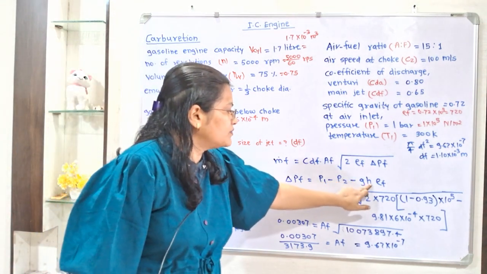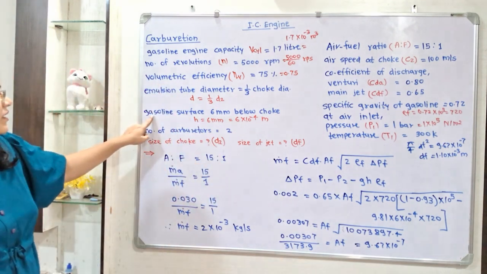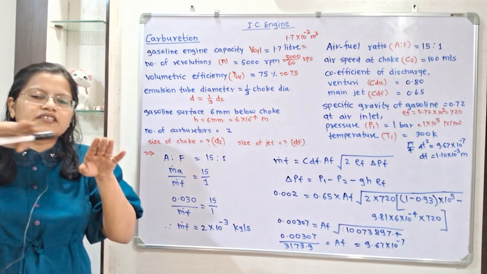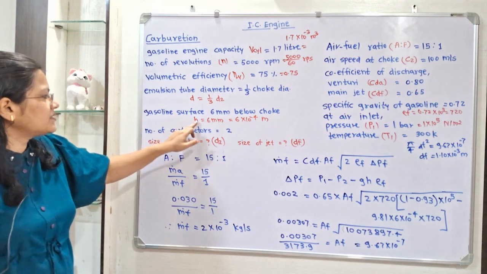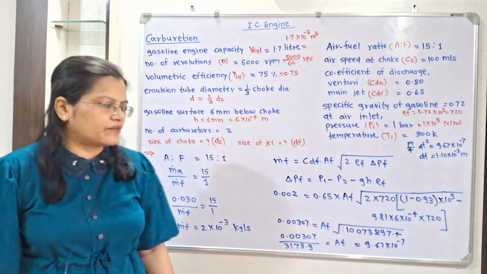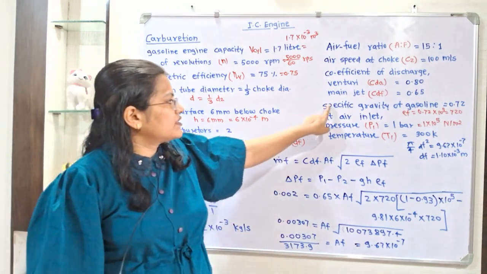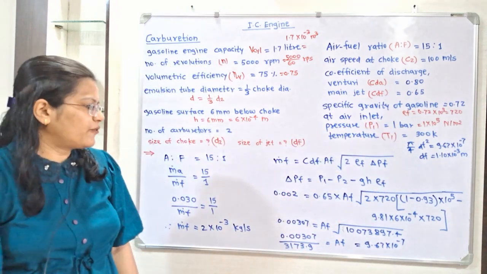Value of H is the difference in level between the gasoline surface, 6 mm below the choke, that is the surface of the fuel or gasoline and this choke. This H is given in millimeter, we have to convert it into meter. And rho F is the density of fuel, which is given in the data and we have calculated the density of the fuel.